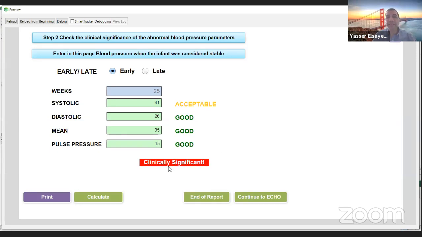So the calculator will calculate the difference between the blood pressure over time. If the drop of blood pressure is more than 20% over 2 timelines, we'll consider that clinically significant. But how to treat? Now the calculator just calculated the blood pressure difference and it is clinically significant. I have an issue now, the blood pressure is dropping. What should I consider now? IV fluid, inotropes, vasopressor.